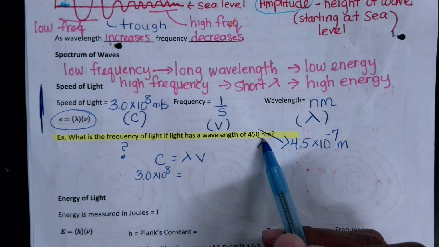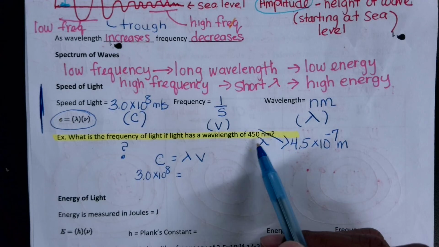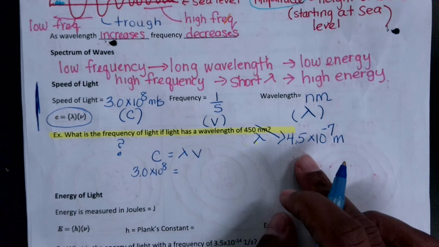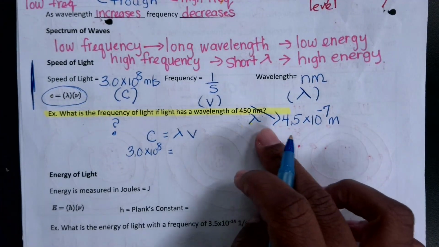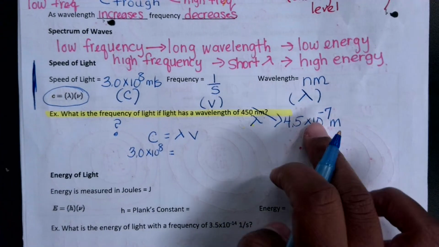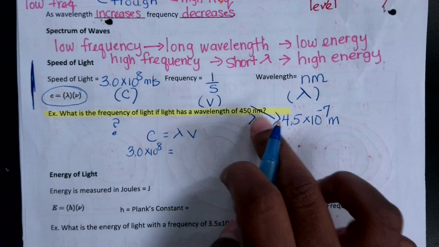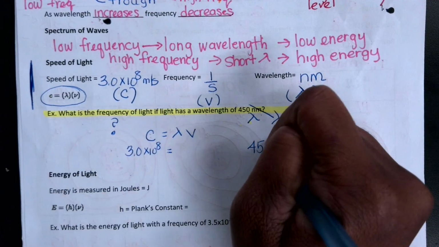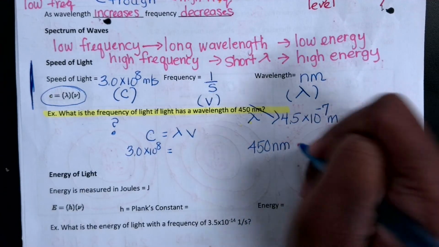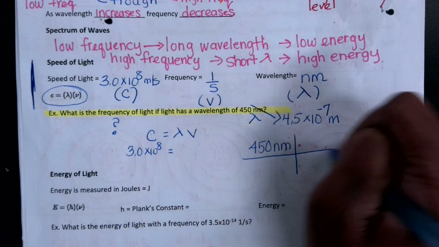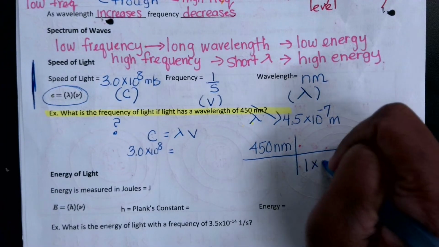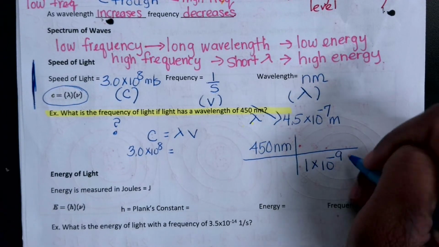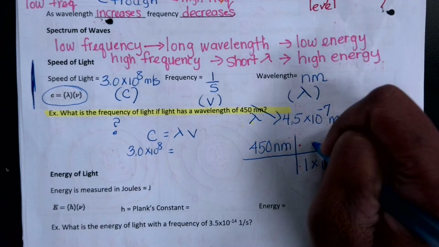So nanometers is 10 to the negative 9th. So all I did, and you don't have to write this down, is this: I know that there's 450 nanometers, right? There's 1 times 10 to the negative 9th meters for every nanometer.